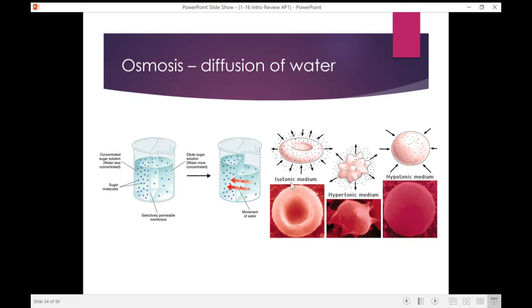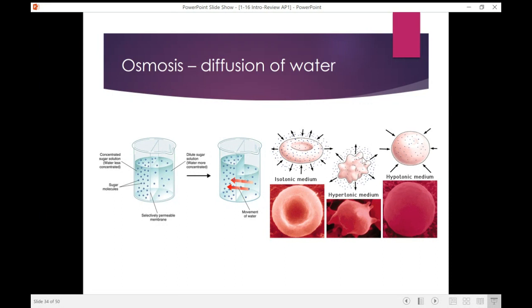So here we go, in an isotonic medium. Isotonic means that it is balanced, okay? And so the water is going to sort of move back and forth as needed. And this is sort of our goal for our cells, is an isotonic solution, okay? During a hypertonic medium, this would be during periods of dehydration, okay? So we've lost the extra water out here.